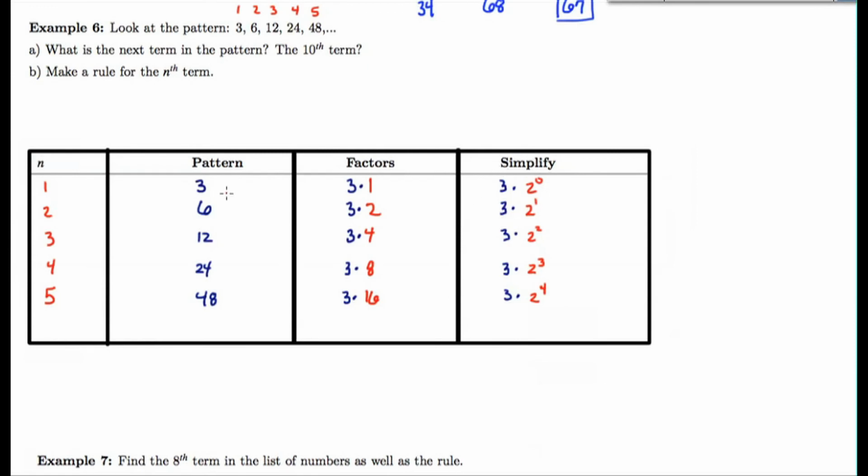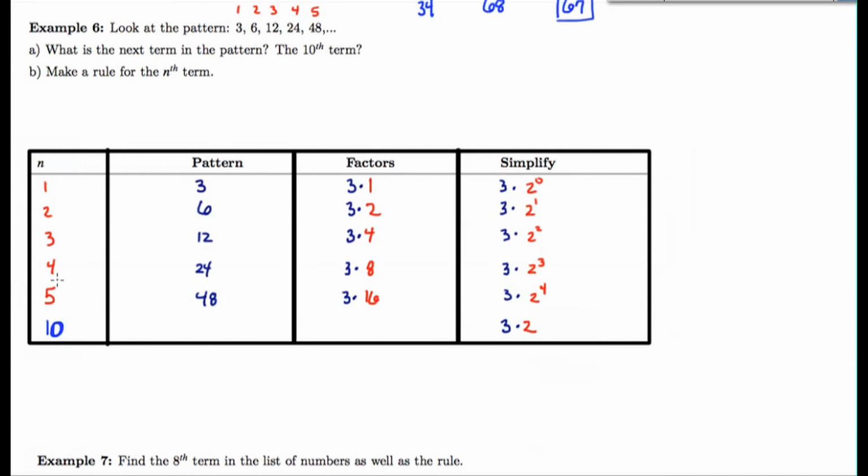So on my first term here, I did 3 times 2 to the 0. On my second term, I did 3 times 2 to the first. So we could see the pattern here. On the 10th term, I'm going to have 3 times 2.